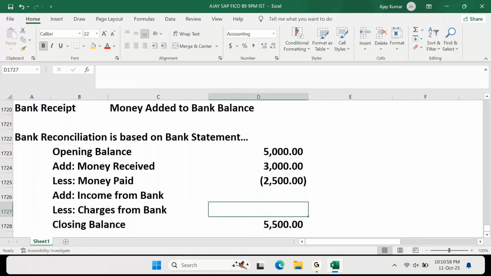If I get, let's say, income of 500, it is an addition. If I get charges of, let's say, 200, it's a deduction again. Now it will be 5,800. Clear or not? Clear. Meaning slowly we need to make sure we connect everything to a simple example with which we connect a business transaction.